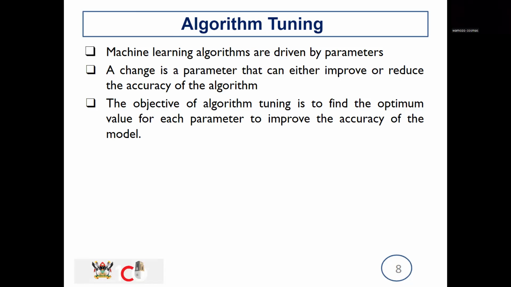The main goal is achieving a value for each parameter that increases the accuracy of the model. But to do this, you must know the meaning of each parameter and what set of values it takes in.